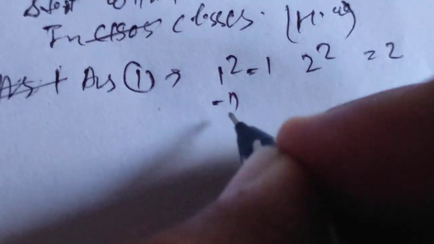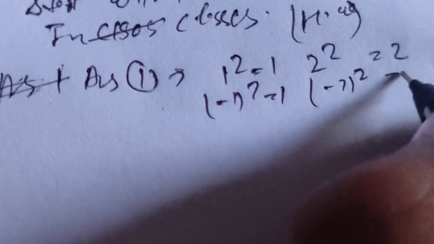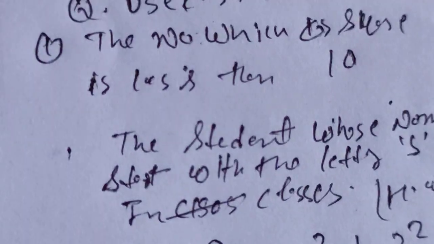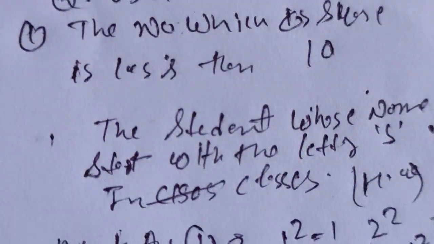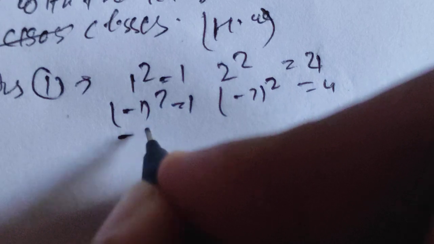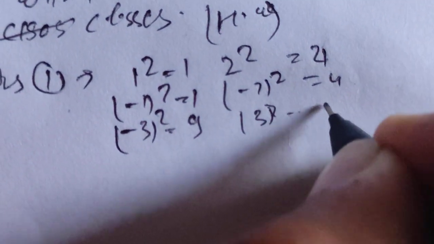We know that 1 squared is 1, 2 squared is 4, and also minus 1 squared is 1 and minus 2 squared is 4. We include negatives because the condition only concerns squares, and negative numbers also have positive squares. For minus 3 the square becomes 9, and for 3 the square is 9.